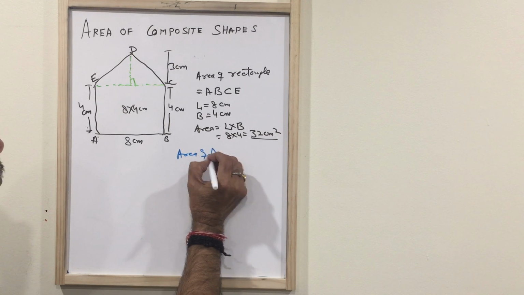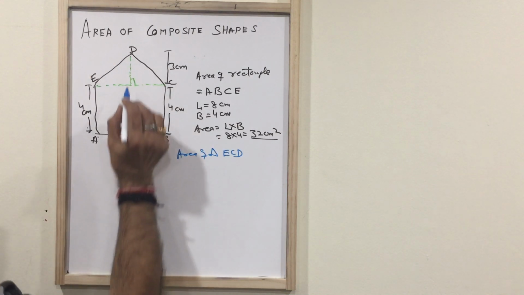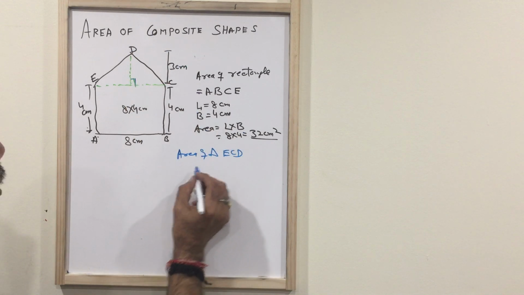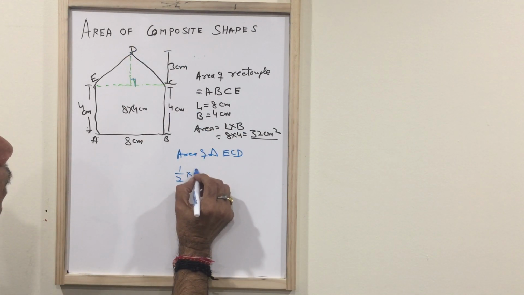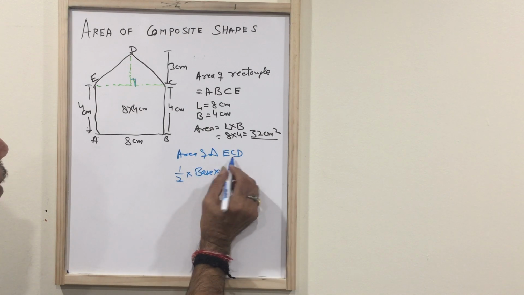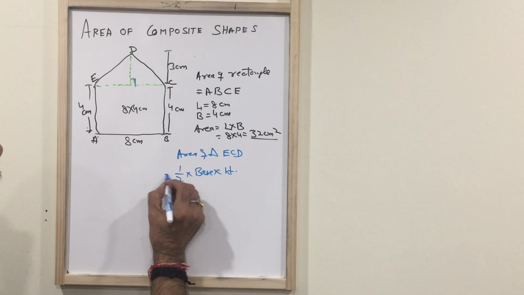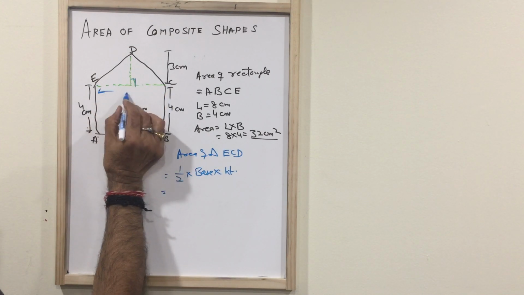Area of triangle ECD is a perpendicular to this line and this height is 3 centimeter. It is given. So the area is equal to half into base into perpendicular height, where the base is 8 centimeter, it is already given here.